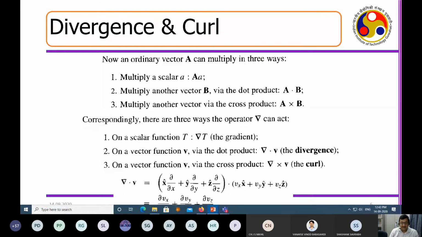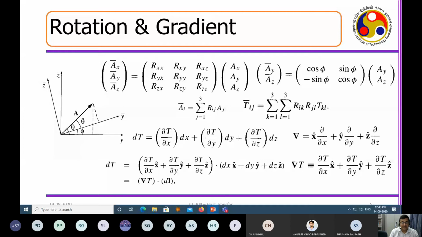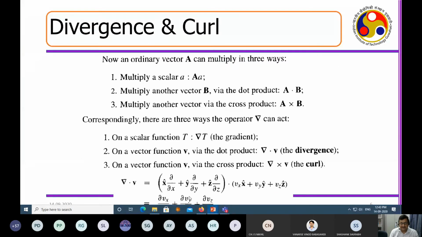Great. So more or less we have now covered that A dot B is the dot product, A cross B is the cross product. Gradient of T gives me the vector associated with the change in temperature, which eventually gives me the dT when I take a dot product with respect to the position vector.